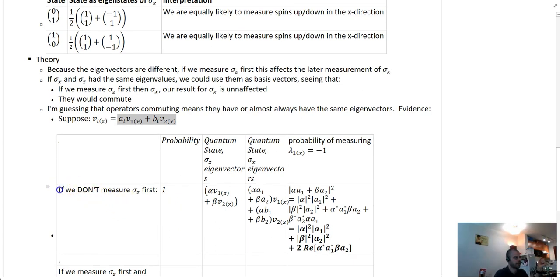Let's look at what happens if we don't measure sigma z first. We're just going to use sigma x to measure first here, and this can be plus or minus 1. We're just going to look at one of these probabilities, the probability that we have the eigenstate corresponding to the -1 spin.